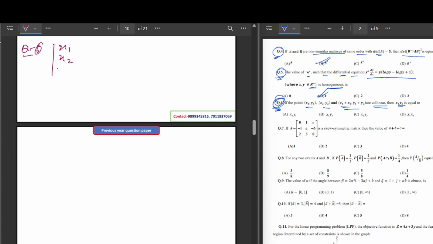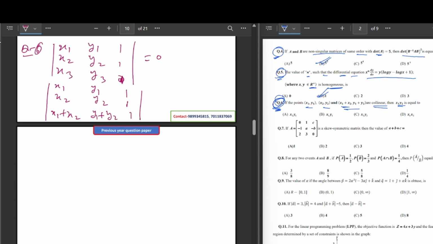The determinant of x1, x2, x3, y1, y2, y3, 1, 1, 1 is equal to 0. So for this, the rows are x1, x2, x1 plus x2; y1, y2, y1 plus y2; and 1, 1, 1, equal to 0.